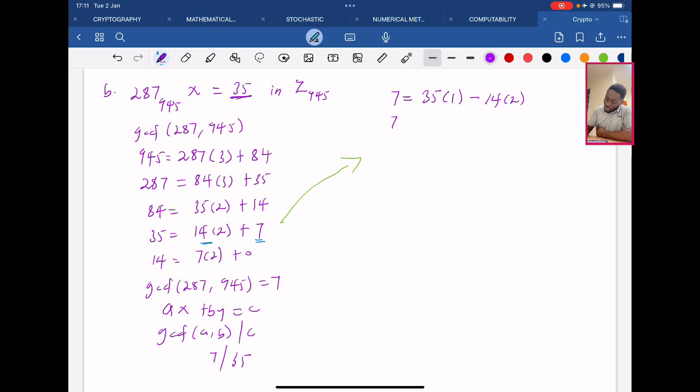Now, we are done with the first remainder. Let's move on to the second remainder, where we make 14 the subject. So we're going to get 35 times 1. And we are making this 14 the subject, so we are going to get 84, which has 1 already, minus 35 times 2. And there is this 2, so we just bring it.